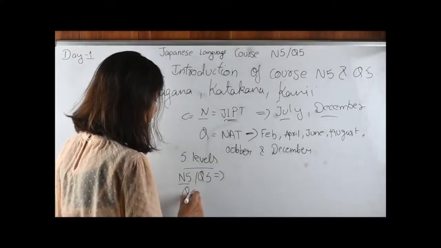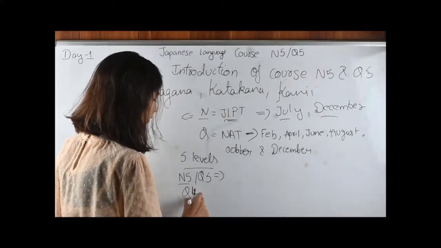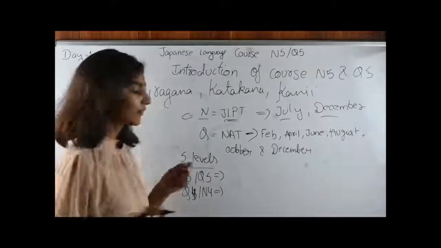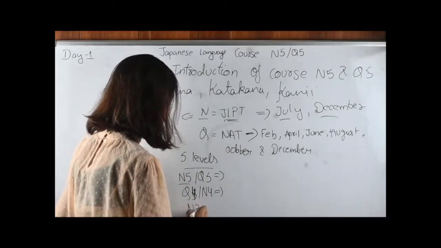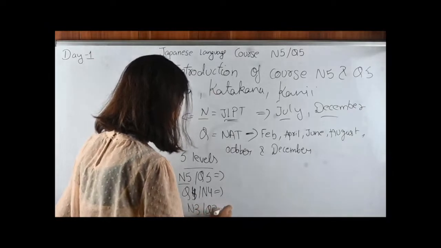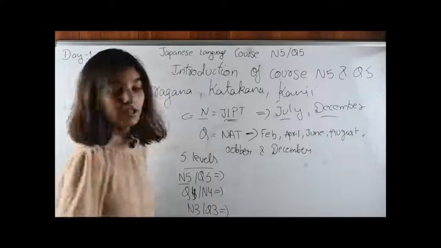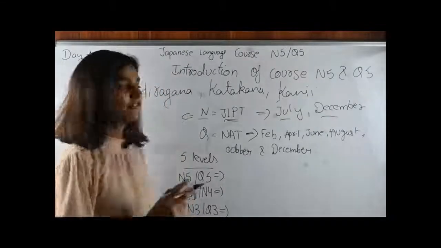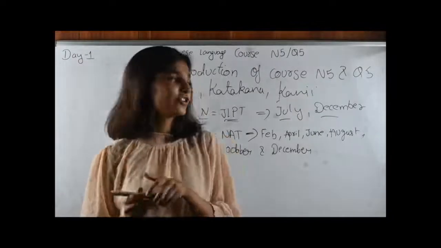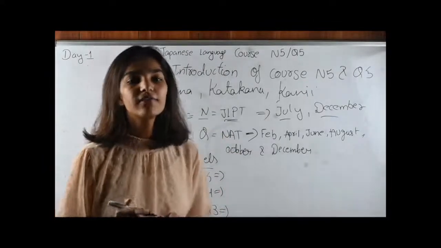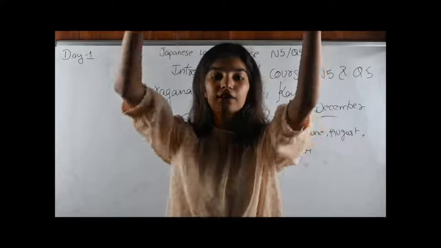After that you go to N4 or Q4, then to N3 or Q3, and then to N2 and N1. N1 is the toughest exam for the Japanese language. The easiest one is N5 and the toughest is N1.